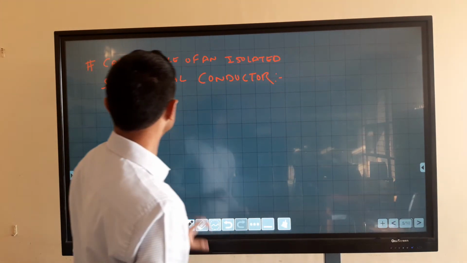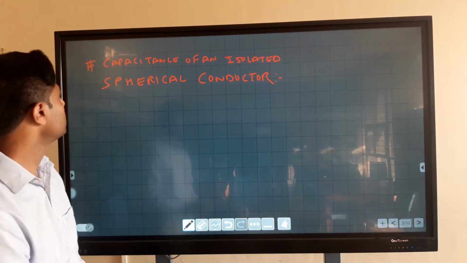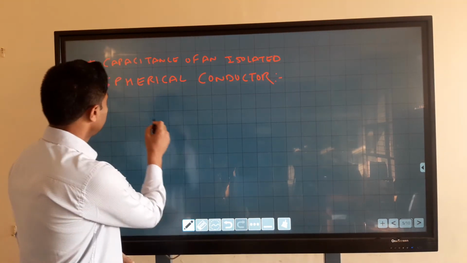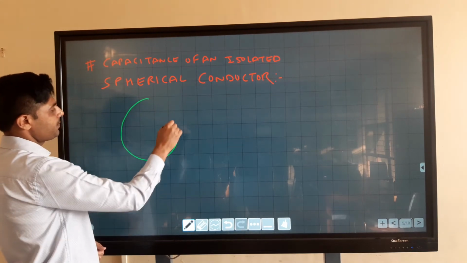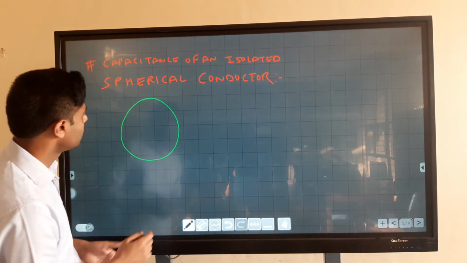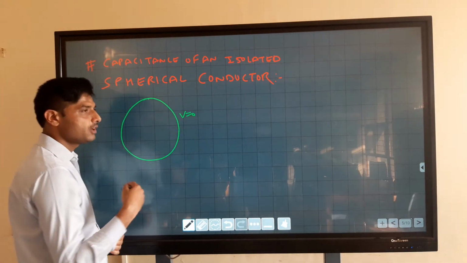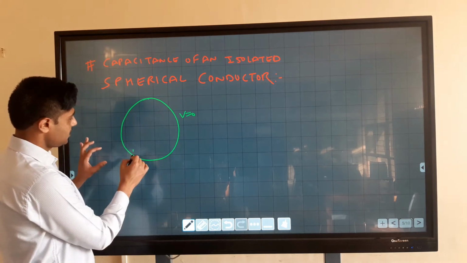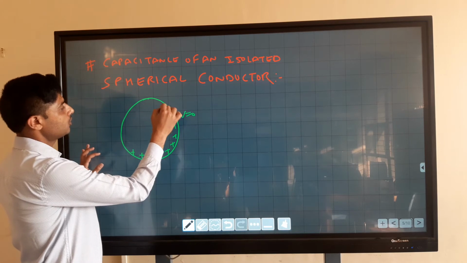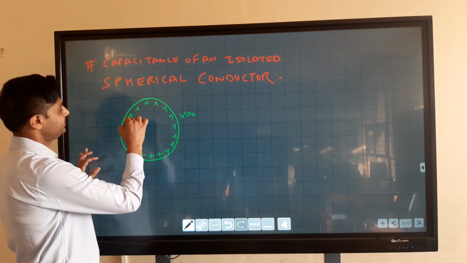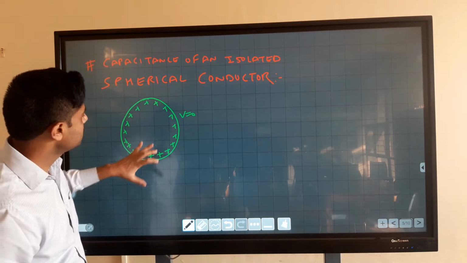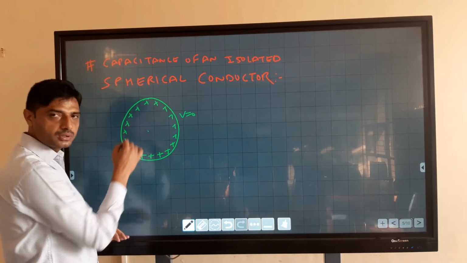Now, capacitance of an isolated spherical conductor. Let this be a spherical conductor. Initially the voltage is 0. When we transfer a charge, the charge is equally distributed over the surface of the sphere. Then, as you know, the electric potential is constant for the whole body.